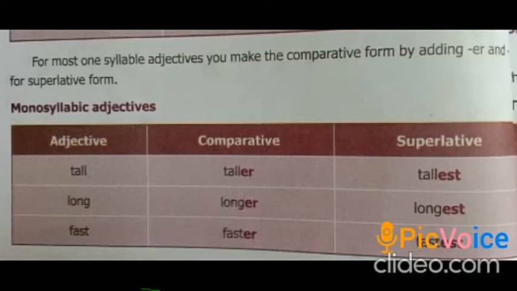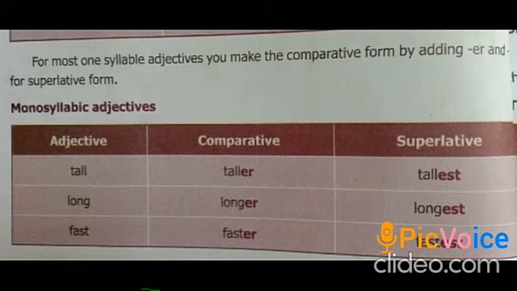For most one-syllable adjectives, you make the comparative form by adding er, or est for the superlative form. For example, you see the adjective tall. Here, to make it comparative, er is added, and to make it superlative, est is added. Tall, taller, tallest. Long, longer, longest.